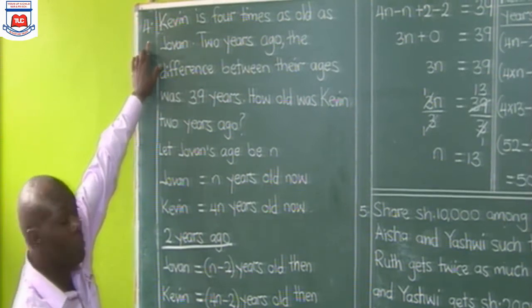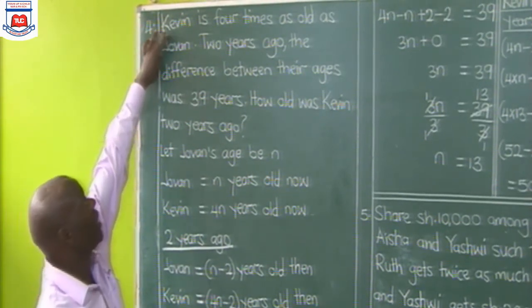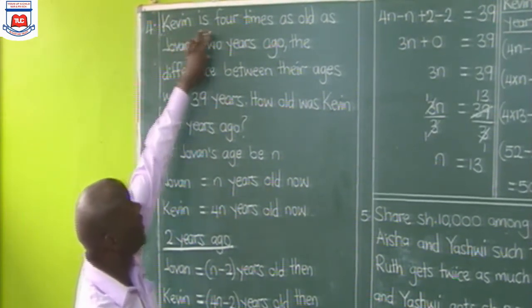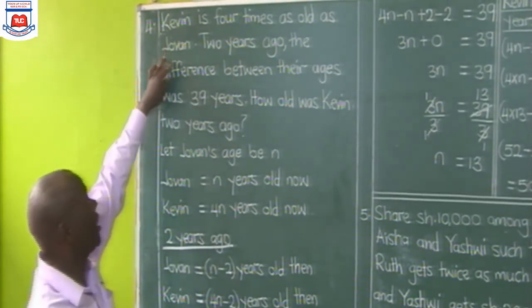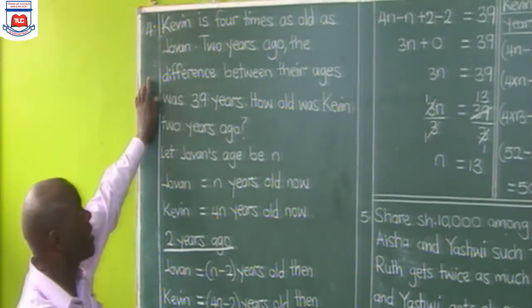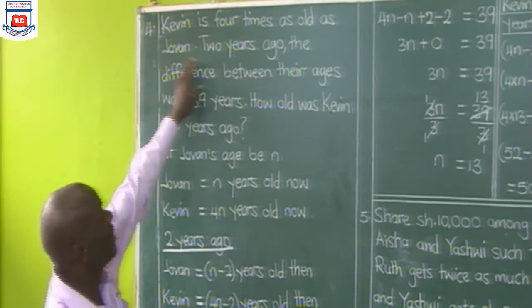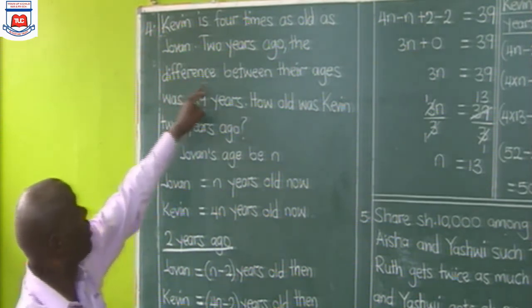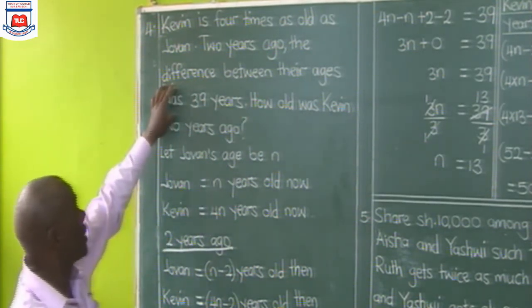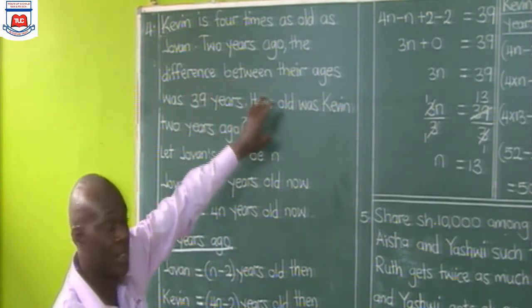Number 4 states, Kevin is 4 times as old as Giovanni. Kevin is 4 times as old as Giovanni. 2 years ago, the difference between their ages was 39 years.